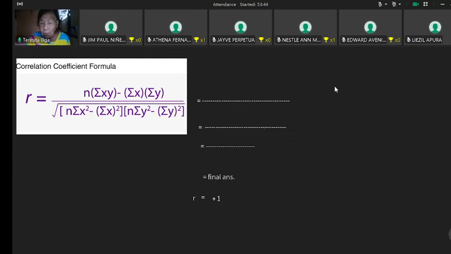So you will say you were able to get a positive correlation. What kind of positive correlation? Since it is positive 1, it is a strong positive correlation. So how will you give your decision?